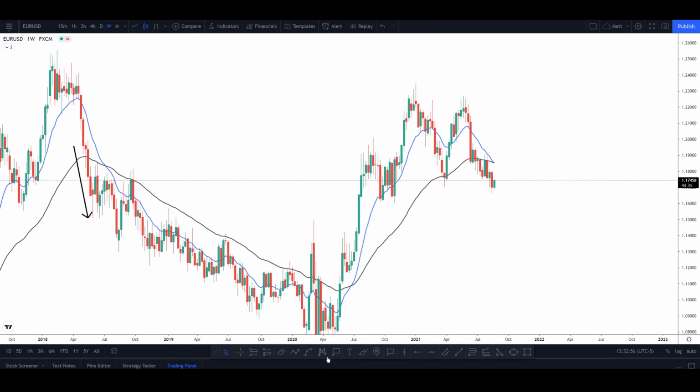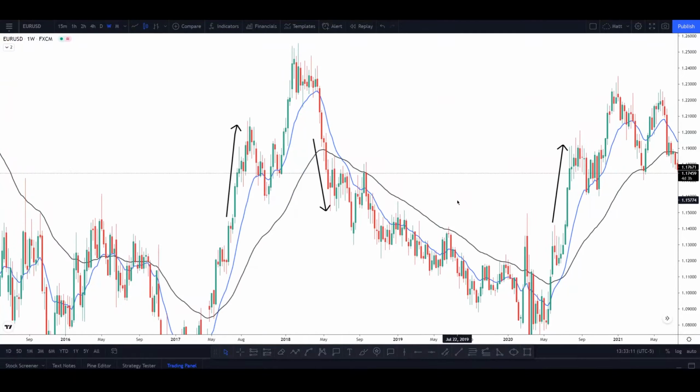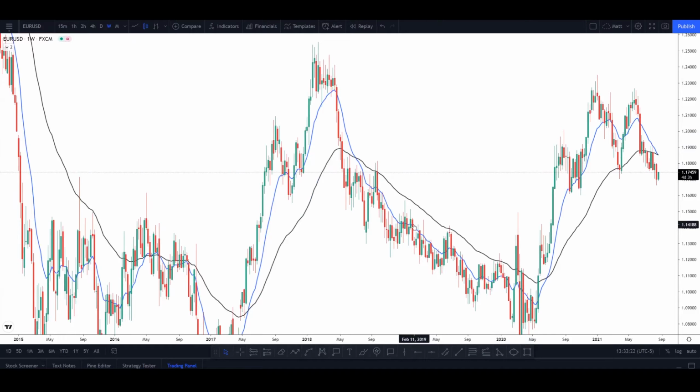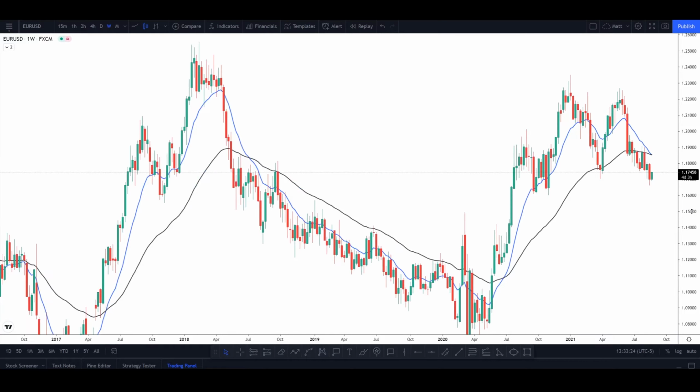And if we scroll to the right, then we can see that this was resistance, and then this flipped back into support once again when we saw a significant rally to the upside. And now it's been holding up as support, and who knows what happens to it next, but that is something that you should be aware of. That's something quite important that hopefully helps you when you do draw your levels of support and resistance.